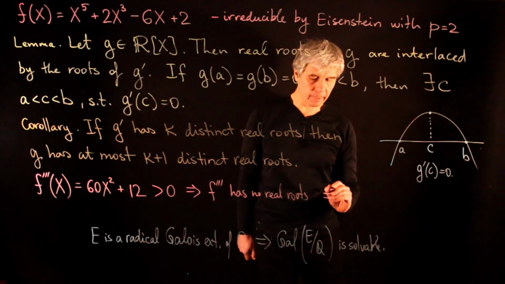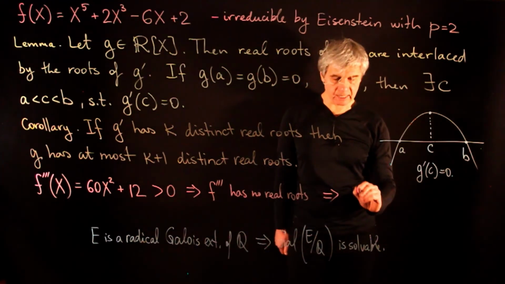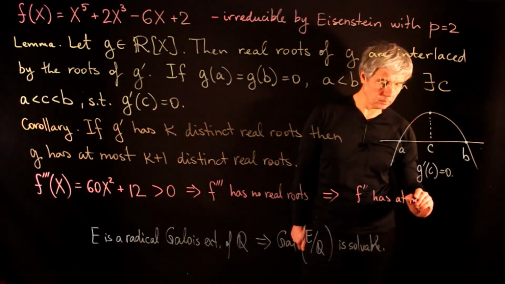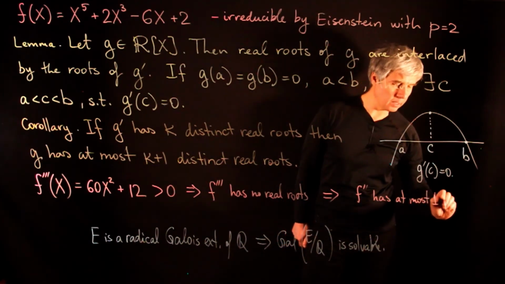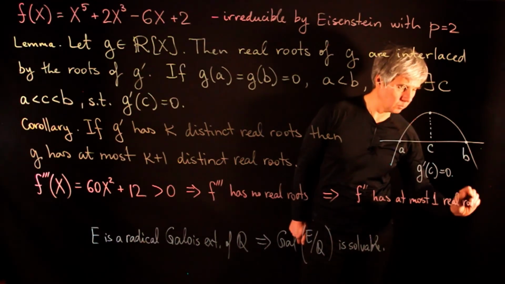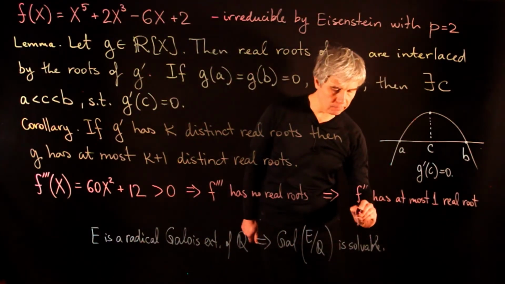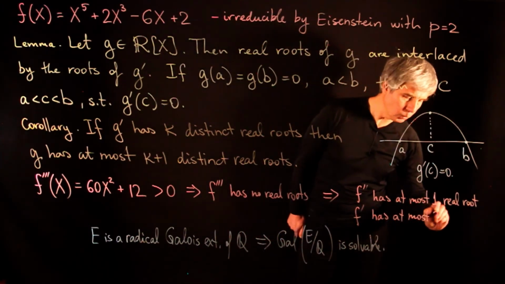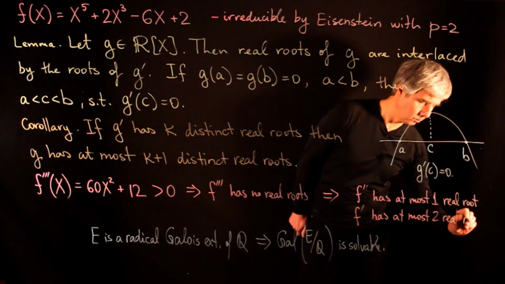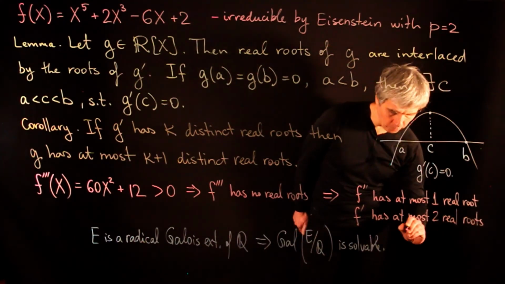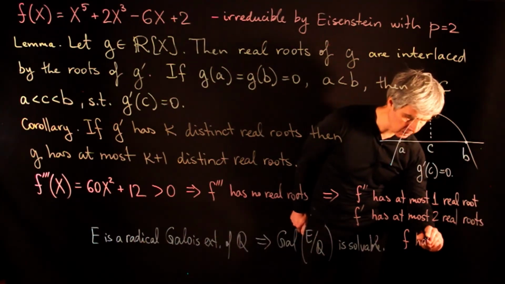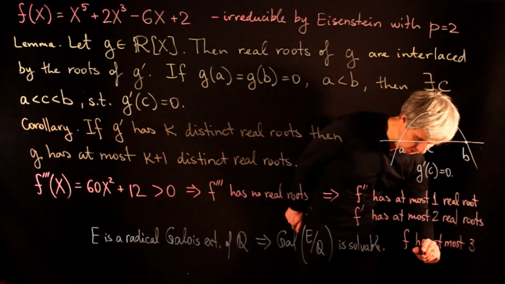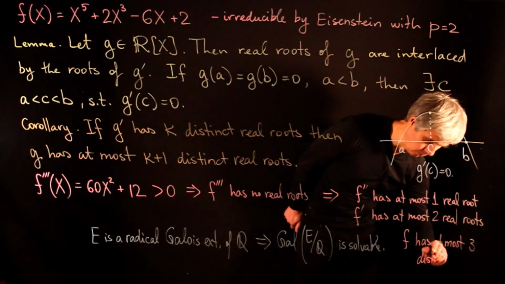And then by the lemma, we get that the second derivative has at most one real root. Then the first derivative has at most two real roots. And our polynomial itself has at most three distinct real roots.